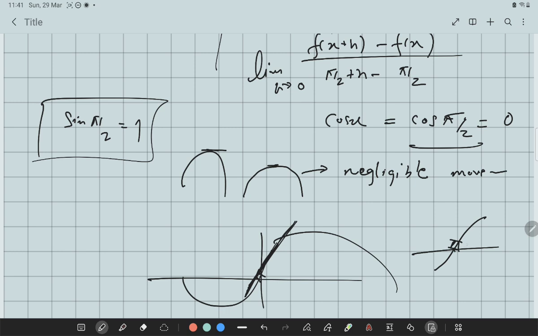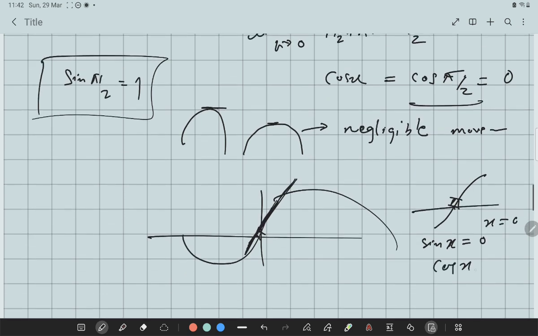Even if we make a very small difference, its rate of change is very high. That is why when we put x equals 0 in sin x, the value is 0, but the rate of change is maximum here. That is what we want to claim. The rate of change of this graph is maximum at x equals 0. So this is what you have to keep in mind.